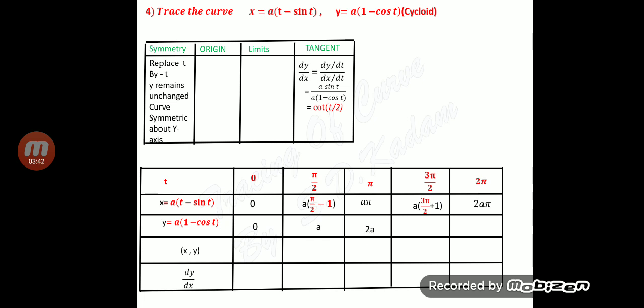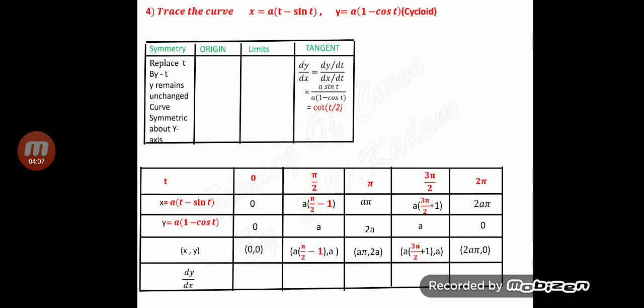Next, if you put pi, it is 1 plus 1, that is 2 into a, 2a. Similarly, a and 0. In this way, we'll get the points as 0, 0 as the first point, then the second point, the third point a pi, 2a, then the fourth point, and the fifth point 2a pi, 0.